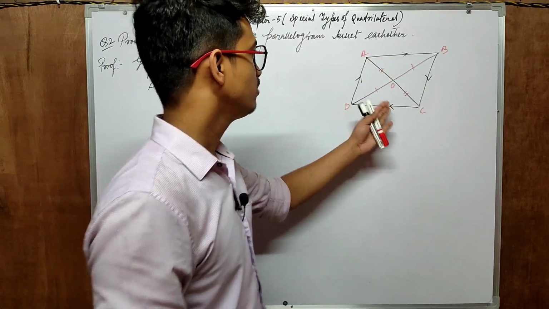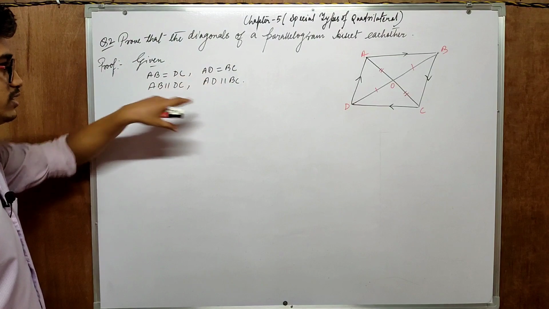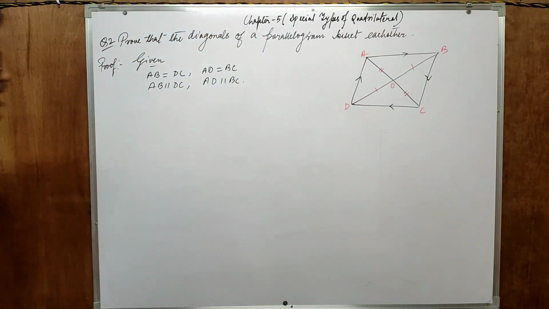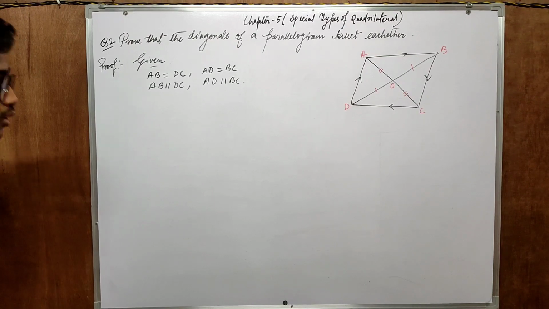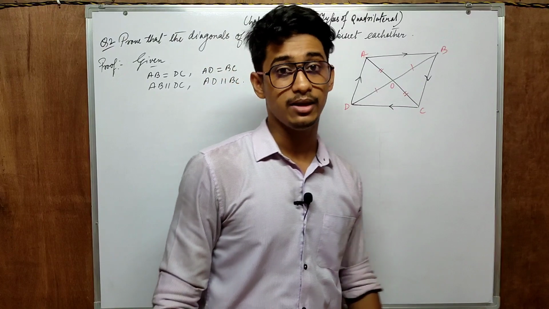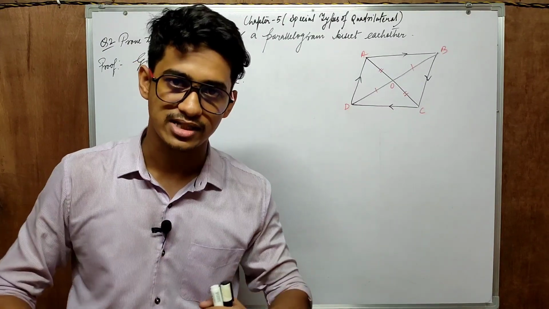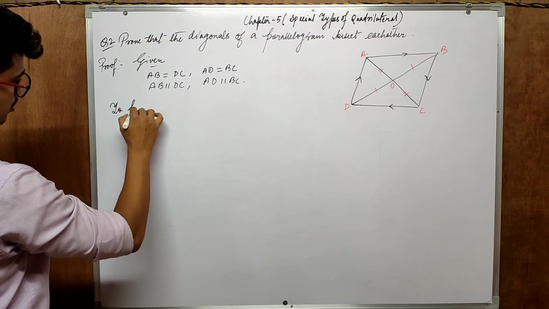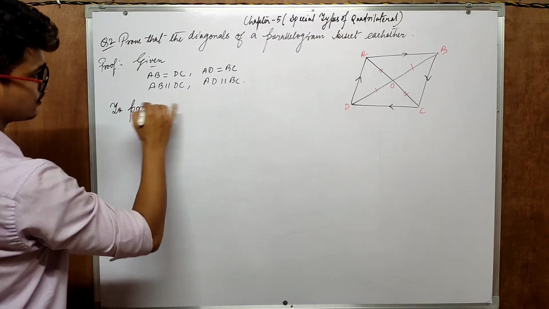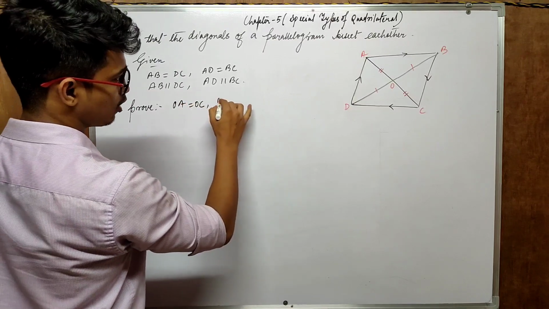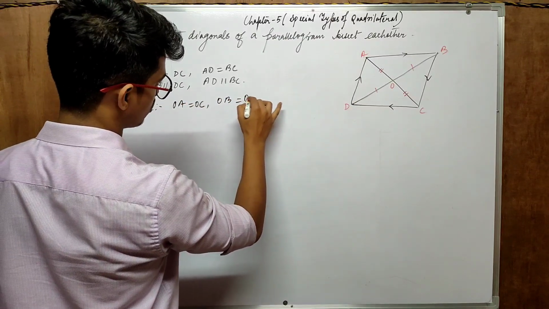In this particular question, we need two sides that are equal to each other, and now we will find out how this situation is possible. So what is the proof that we need? That is OA equal to OC and OB equal to OD.